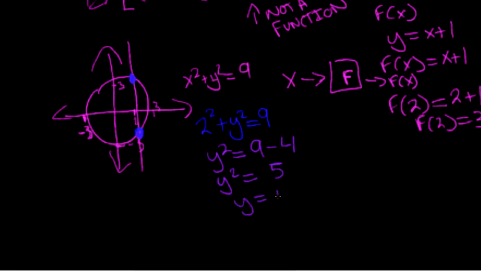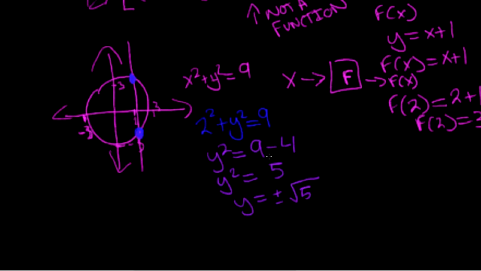Y is equal to plus and minus square root of 5, because when you do the square root of something, it can either be a positive number or a negative number, because a negative number multiplied by itself will be a positive number. So negative 5 times negative 5 is 25, and positive 5 times positive 5 is 25. So the square root of 25 would be positive 5 and negative 5.